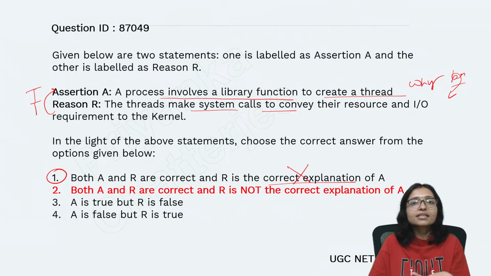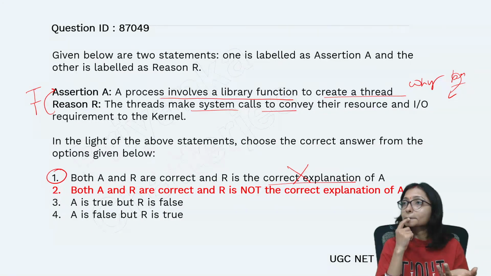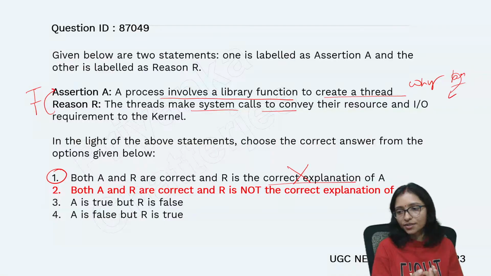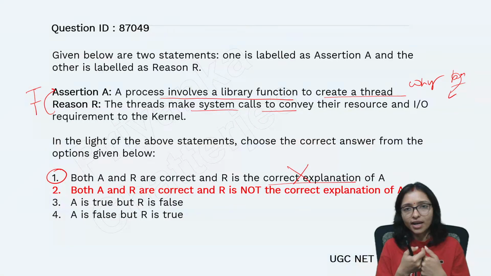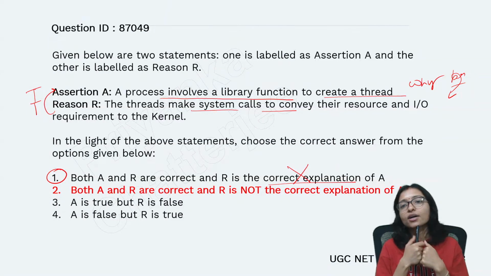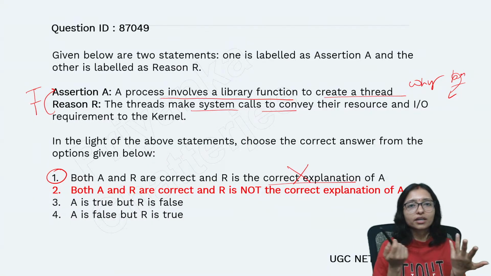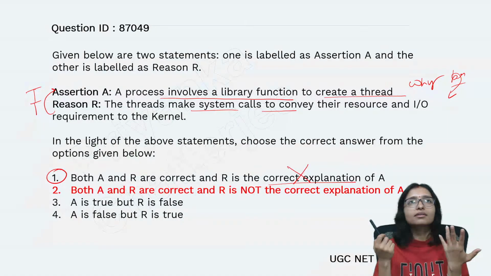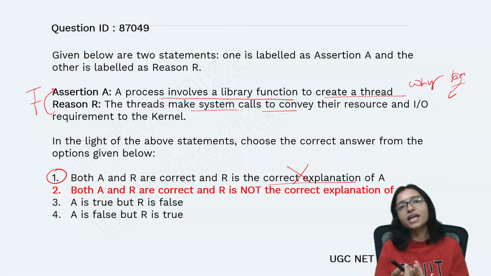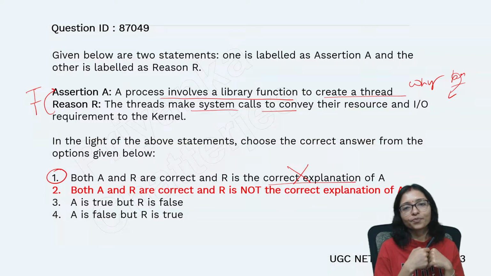If you are asking me why you are wearing a jacket, and I am telling you that I am walking, or if you are asking why you are wearing a jacket and I am telling you my name is Priyanka, then is it a correct explanation?